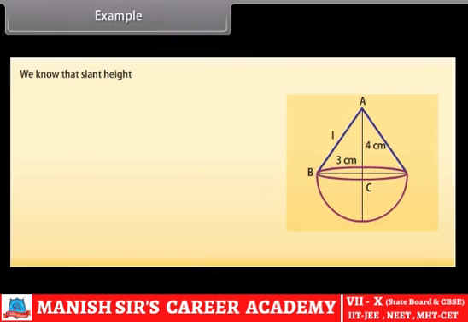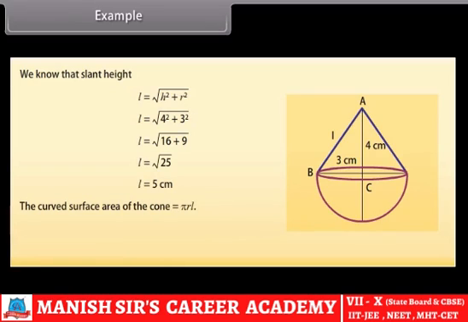We know that slant height l is equal to square root of h square plus r square, which equals square root of 4 square plus 3 square, which is square root of 16 plus 9, which is square root of 25, equals 5 cm. Now substituting the values of pi, r and l, we get 3.14 into 3 into 5, which is equal to 47.1 centimeters square.